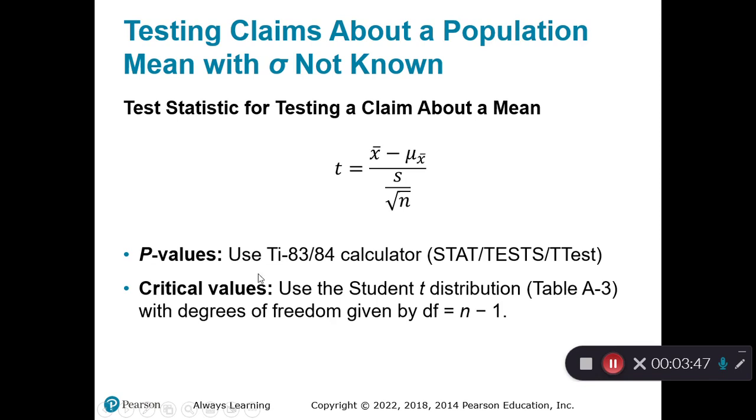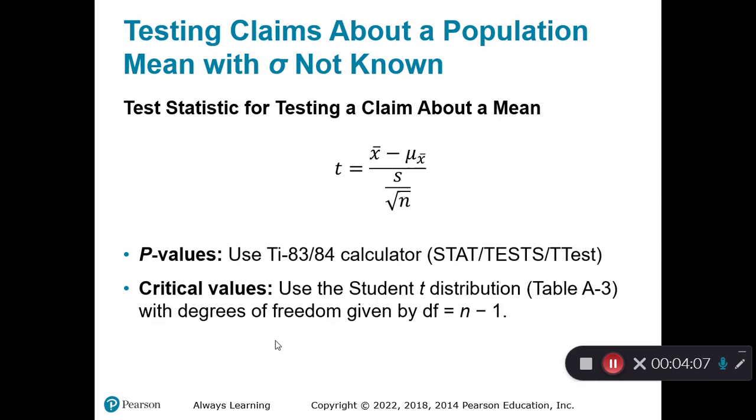We're going to look at two ways of making decisions at the end of these hypothesis tests. Either we can calculate a p-value and compare it to the significance level alpha for the test, or we'll use critical values to find the critical regions.